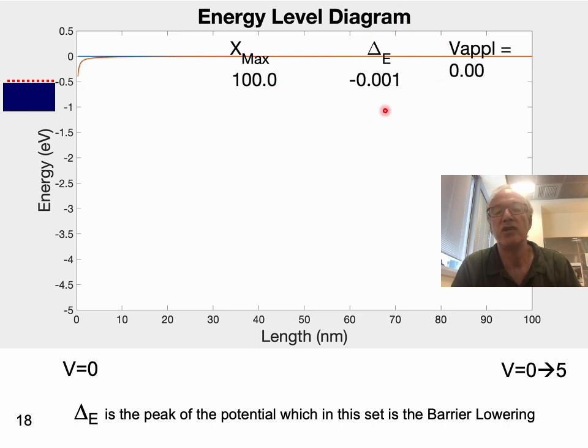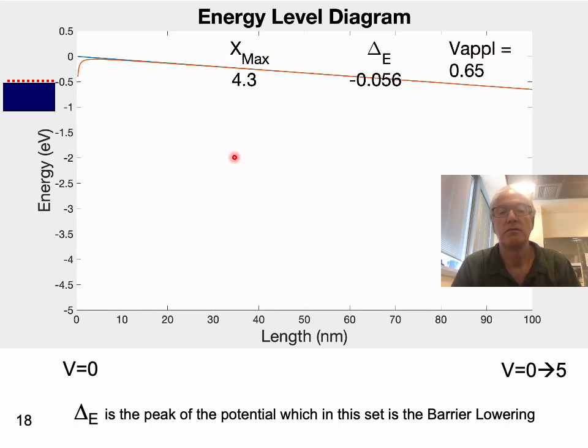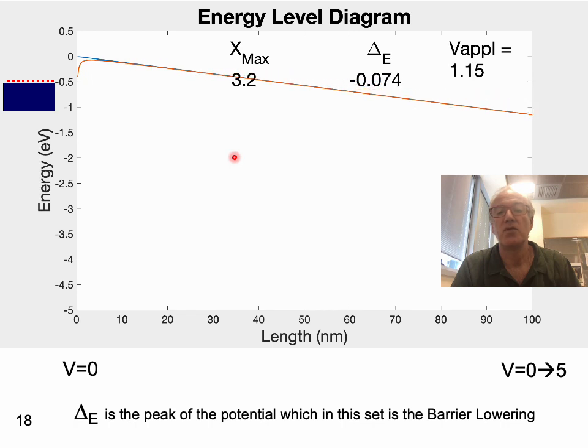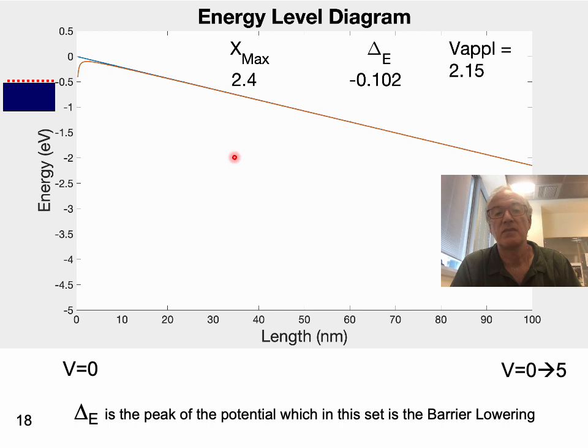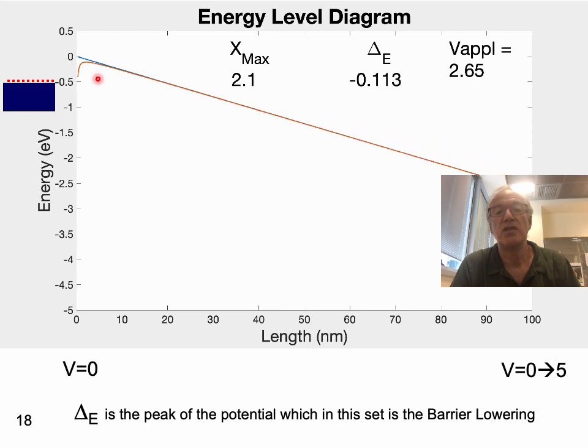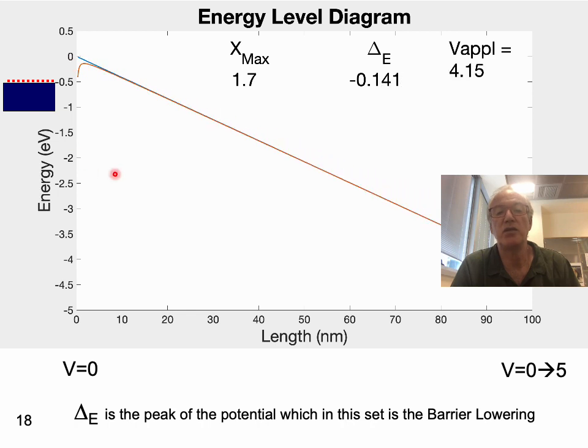And this would reflect the barrier lowering, which is actually the peak of the red curve. And you can see how the barrier lowering is going up. And really, at some stage, all the action is on the nearest nanometers, close to the contact.